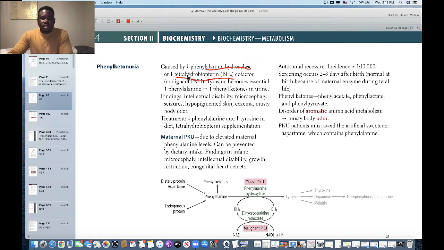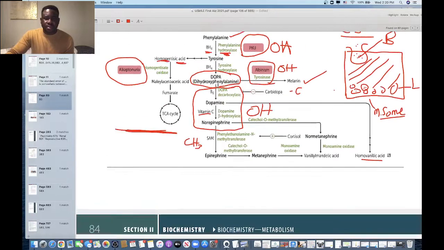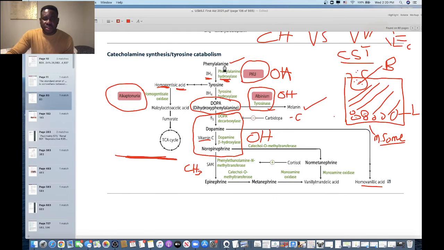So it's due to deficiency of phenylalanine hydroxylase and also BH4, which is the cofactor. Tyrosine becomes essential, very, very important. This is highly tested. Why? Because if someone has a deficiency of this enzyme, tyrosine will not be available.